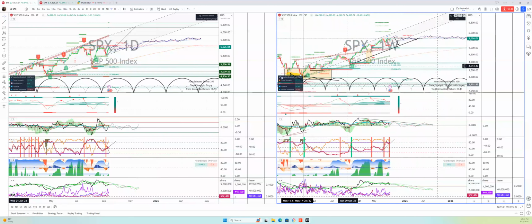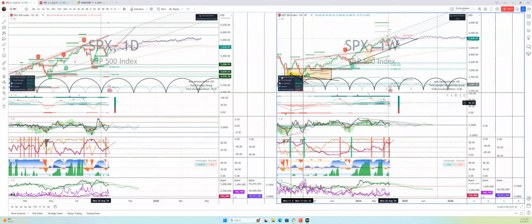I'm expecting the trend to reset sooner or later. If we do see a down move, this is where I would think it would stop. And that would put us at this Fibonacci right here at 5,000. Go down to 5,000 before the next move up.